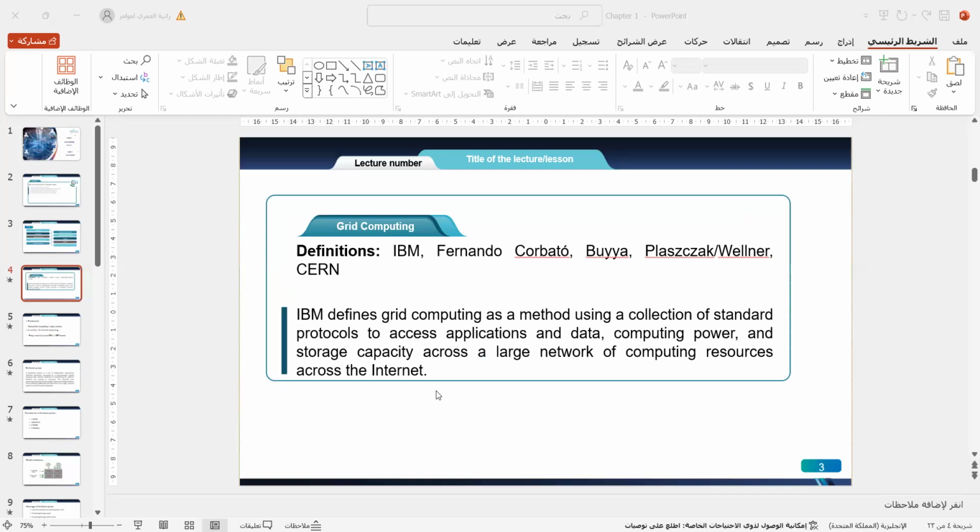So this offers a powerful virtualization by creating a single system image that grants users and applications seamless access to IT capabilities.